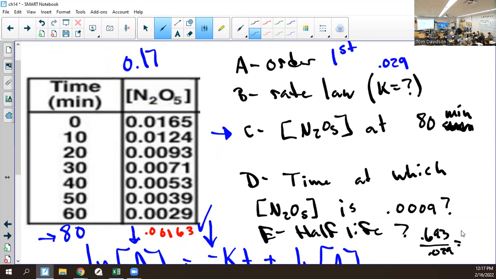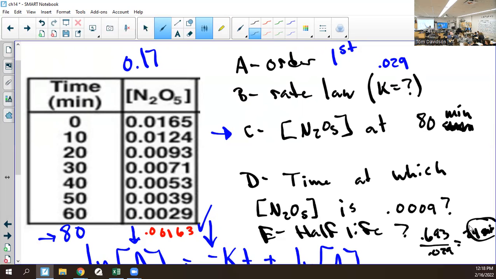What did I end up with? 23.9. So it's going to take 24 seconds, or sorry, minutes. Yeah, just look right here. You can double check also.